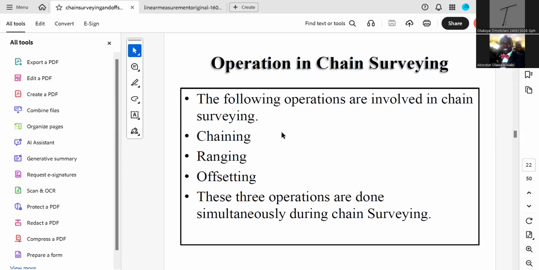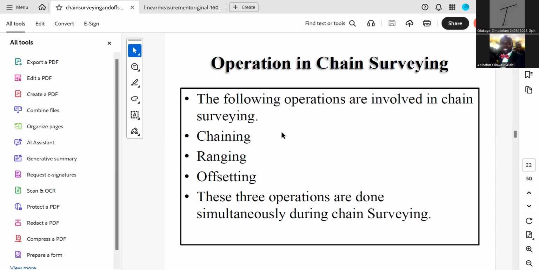Offsetting in chain surveying is done when we want to locate interior details. I told you some minutes ago that tie lines are used to locate interior details within the property or area to be surveyed.